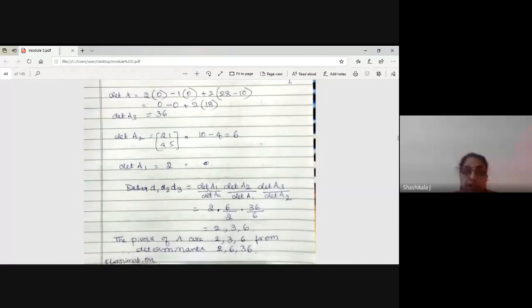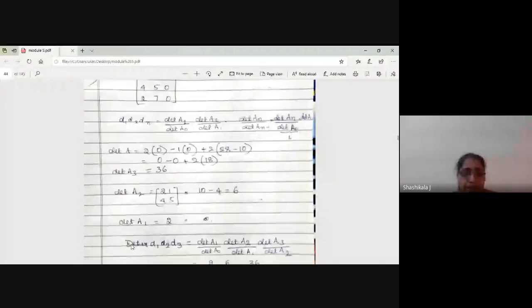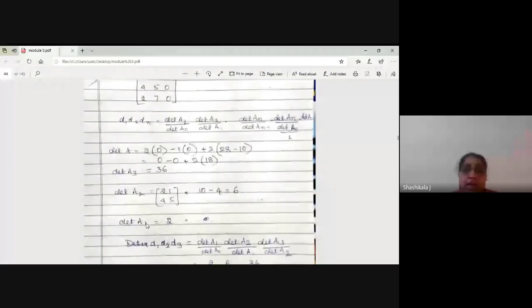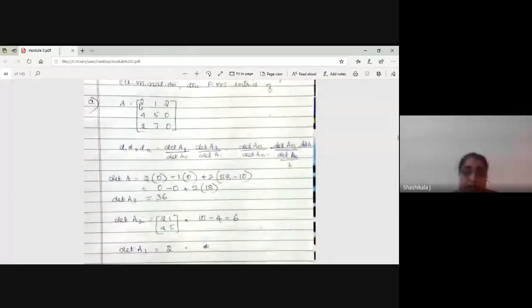What is the determinant of A0? A0 is always 1. Determinant of A1 is only 2. What is the determinant of A2? For A2 I have to take the first 2 cross 2 matrix, that is 2, 1, 4, 5.